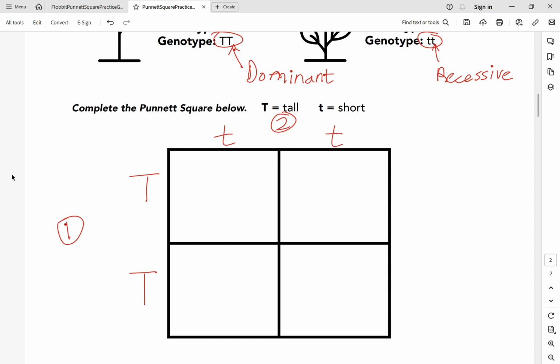So I'm going to change colors here. For box 1, which is this one here, it's going to have a capital T from parent number 1 and a small t from parent number 2. So it's coming from here and here. For the second box, you're going to get a capital T from parent number 1, and another small t from parent number 2, to give you capital T, small t.